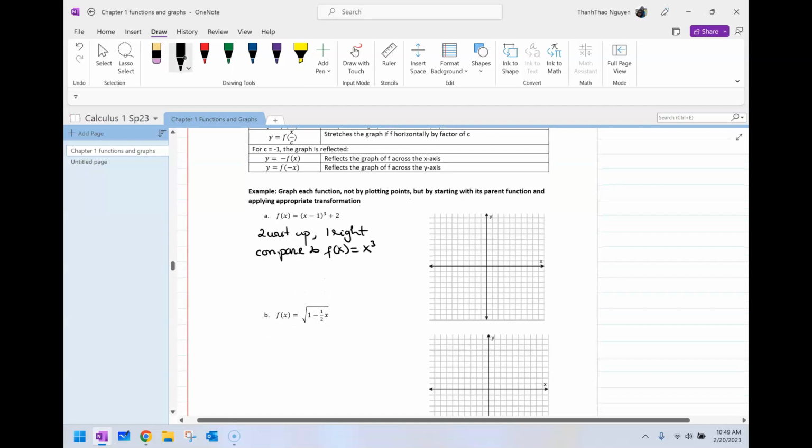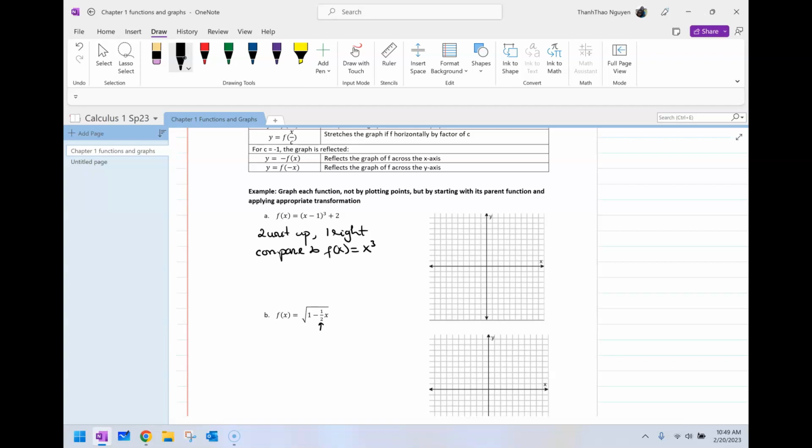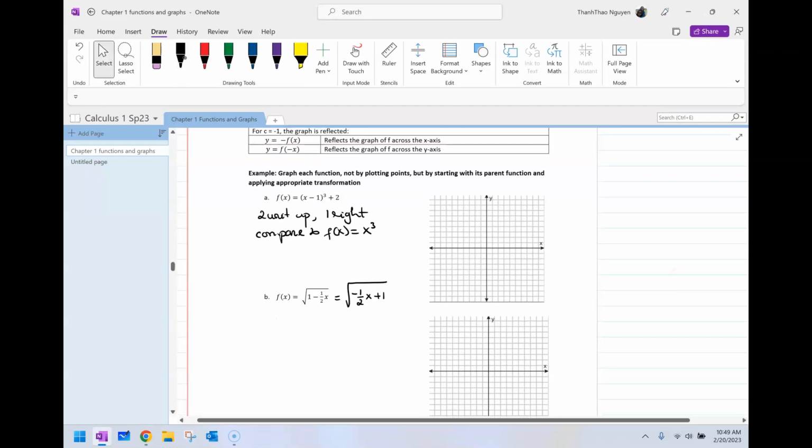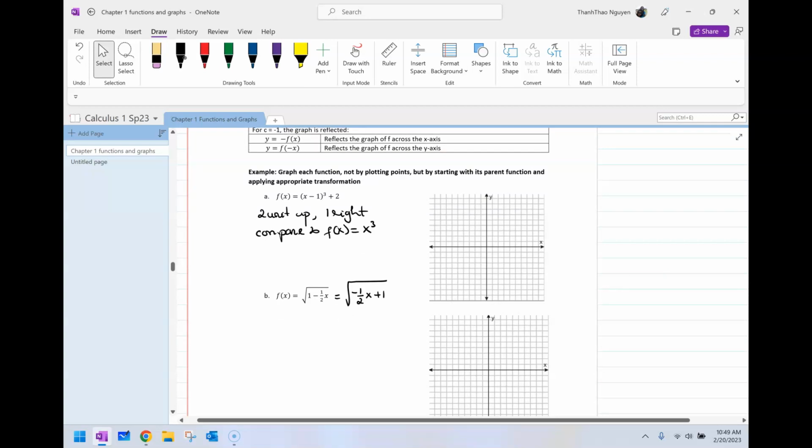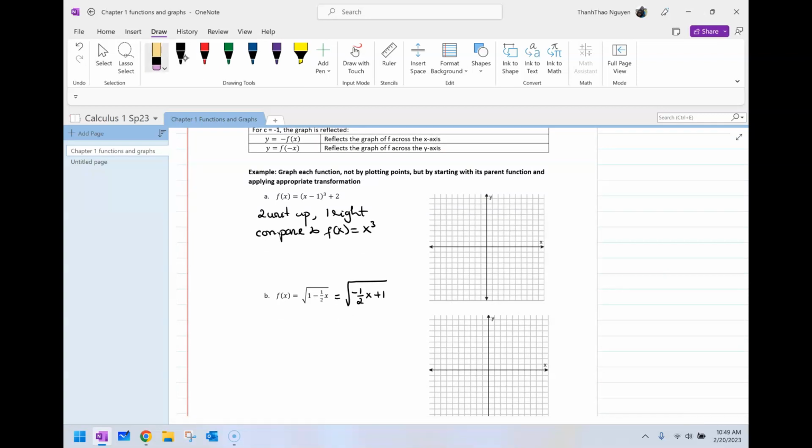Okay. This graph here, we have a negative. Let's rewrite this a little so you can see it better. Let's make it equal the square root of negative 1/2 x plus 1. Okay, so we know that this goes up. Excuse me, let's factor this.